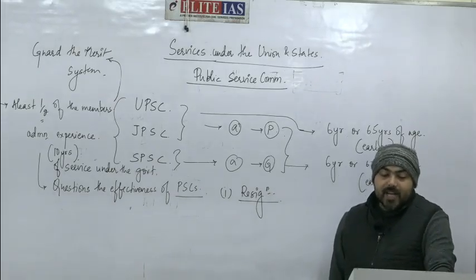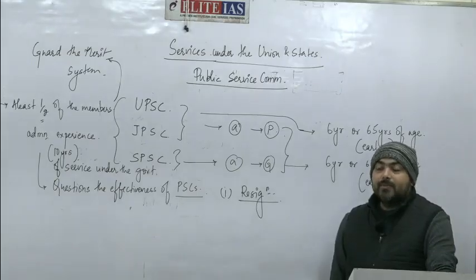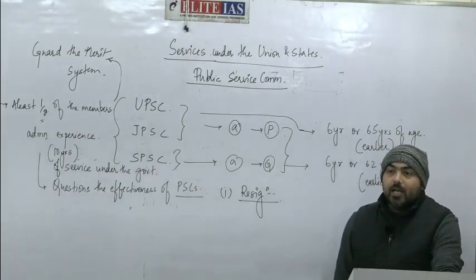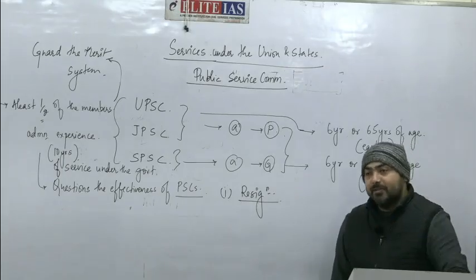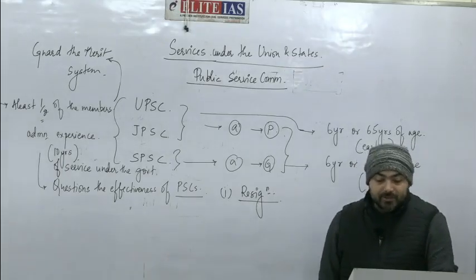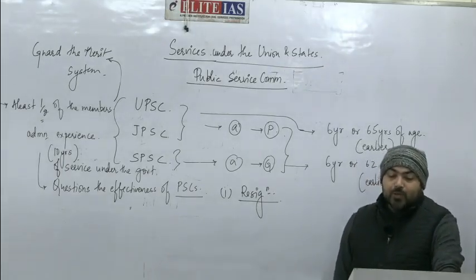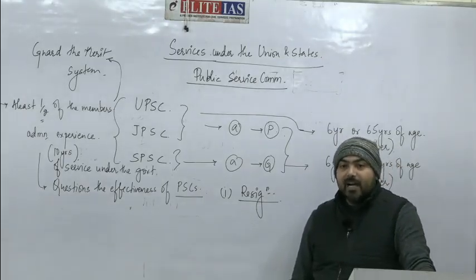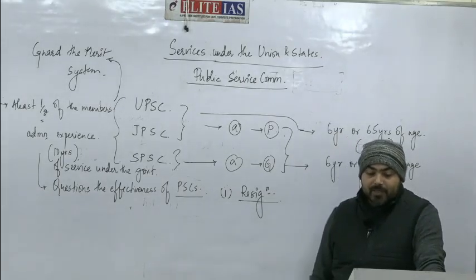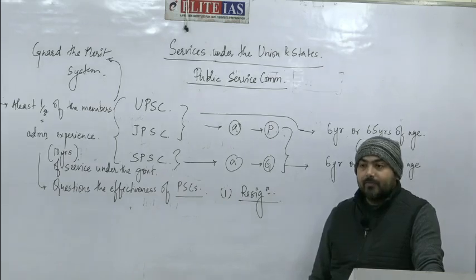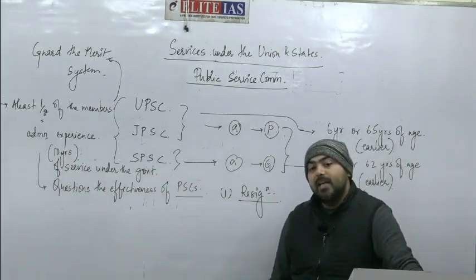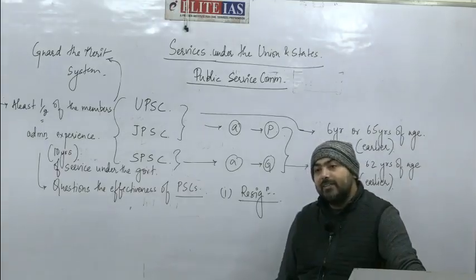Next, the members of Public Service Commission are subject to limitations with regards to future employment with the government. In brackets, write Article 319.